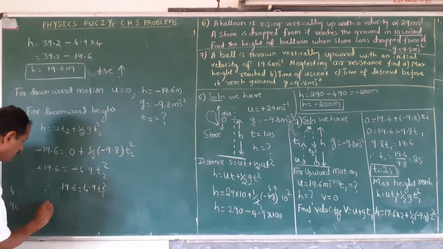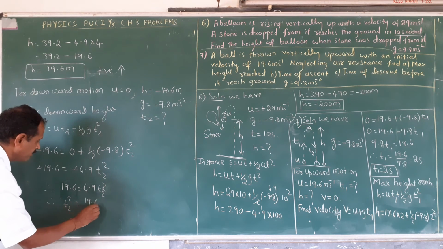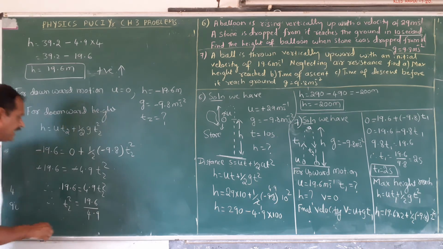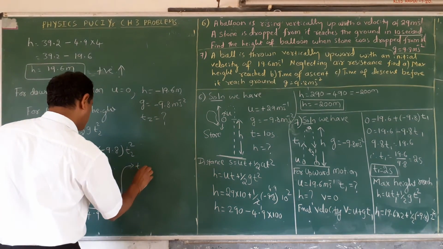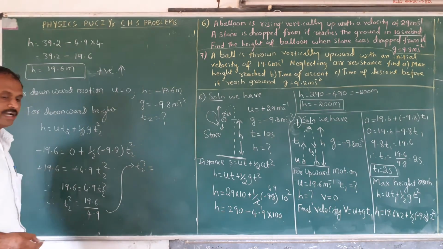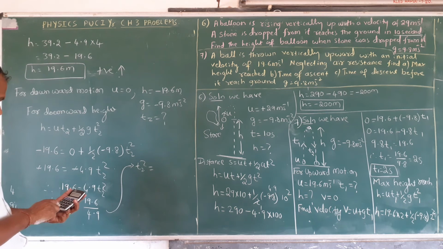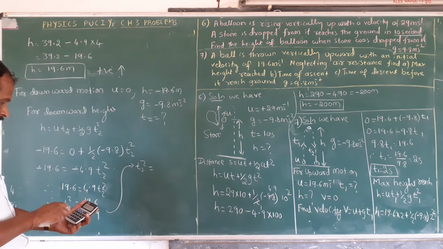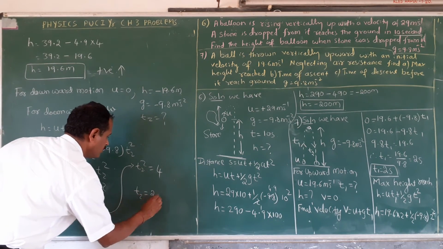Therefore, T2 square is equal to 19.6 divided by 4.9. 19.6 divided by 4.9, you got 4. Therefore, T2 is equal to 2 seconds.